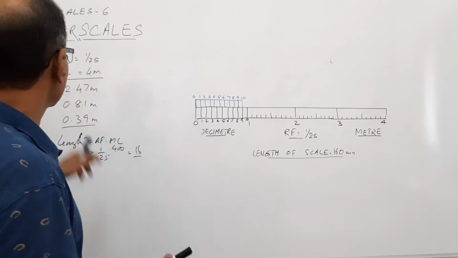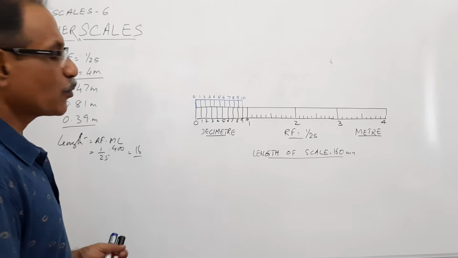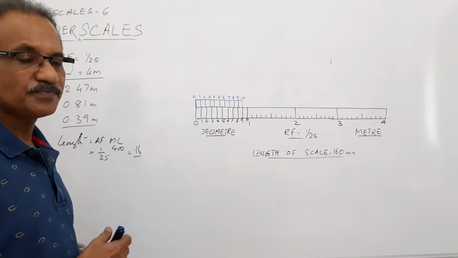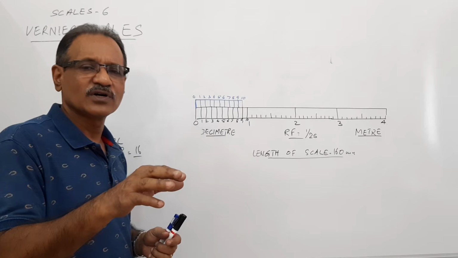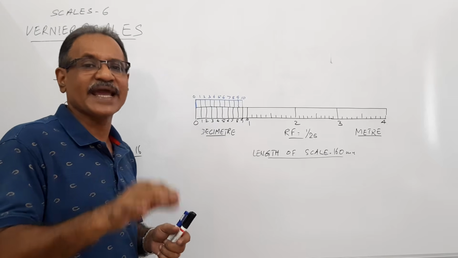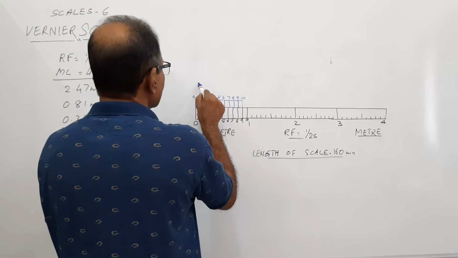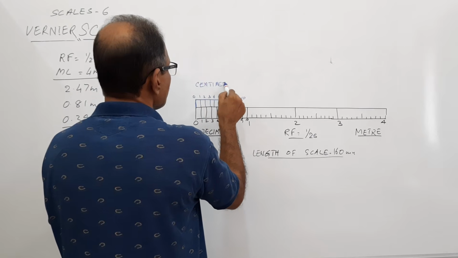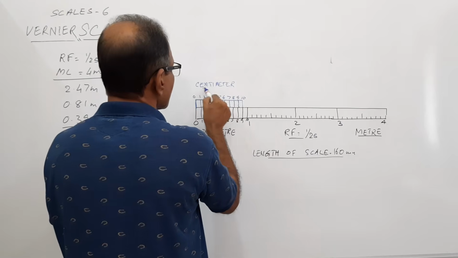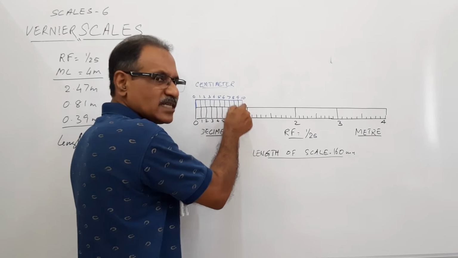Now you are asked to show 2.47 meters on it. Which multiple of 9? This unit is centimeter.